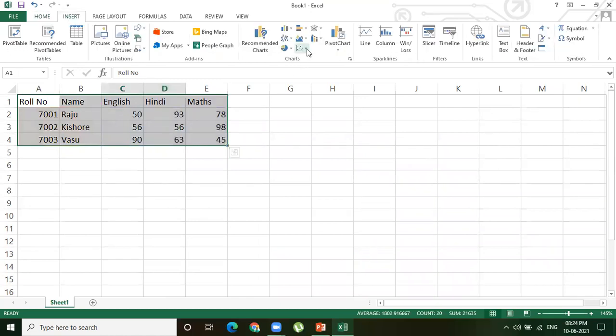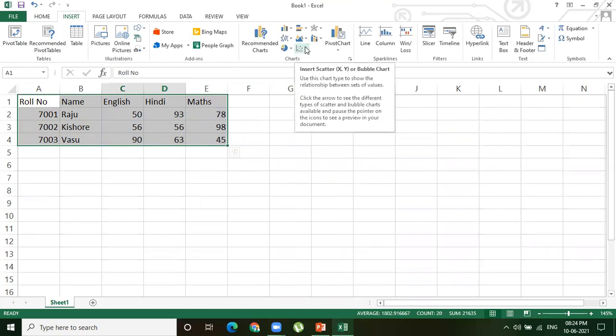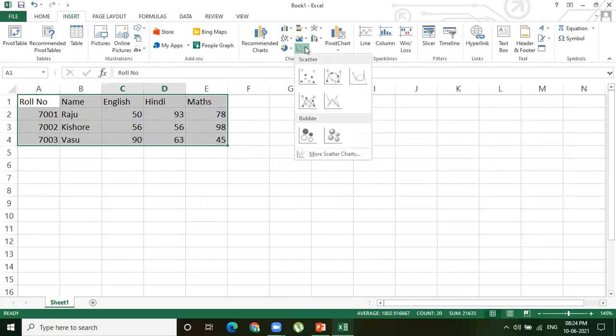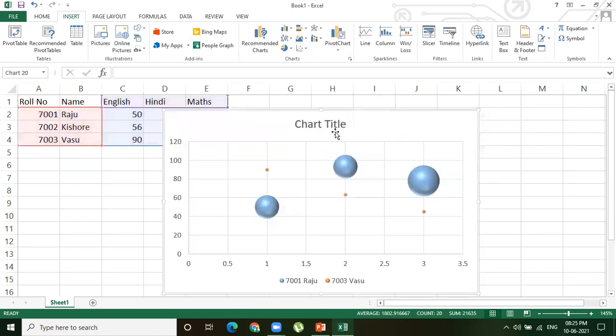Next, scatter chart, or we can call it a bubble chart. As I said, the scatter chart is also called an XY scatter plot chart, or we can call it a bubble chart. And in this chart it shows only two sets of values.